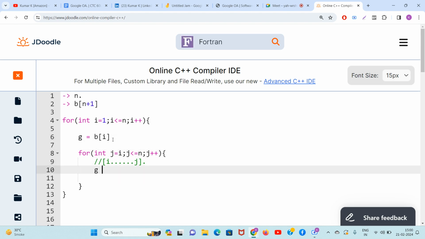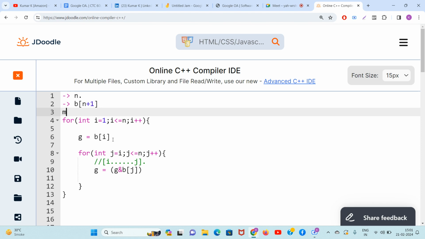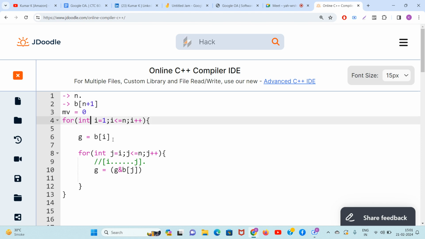As you are increasing, you do the AND operation: g equals g AND b of j. Then I have to calculate the max value: MV is the max of MV and g, the max of all the subarrays' AND values.